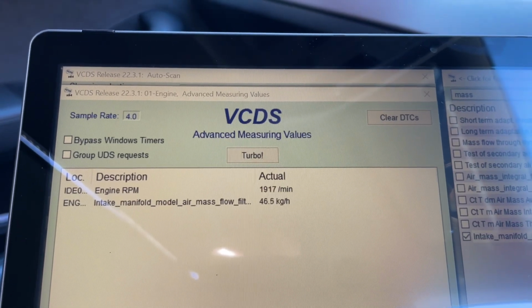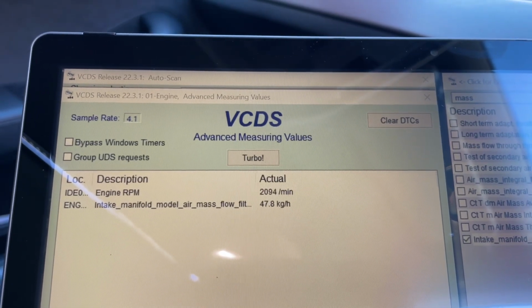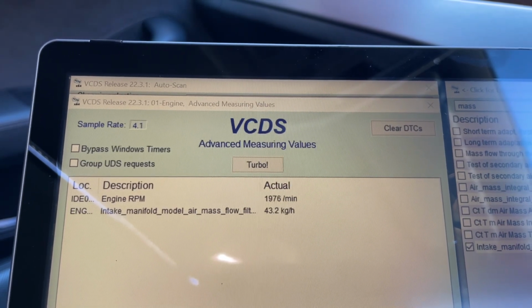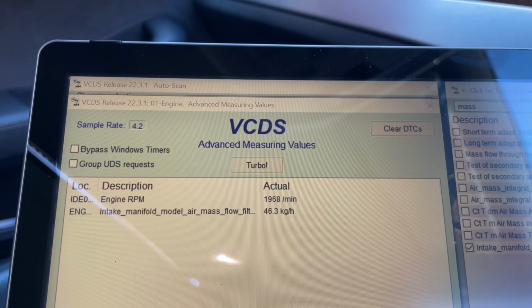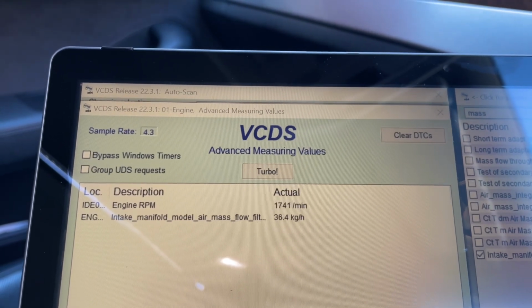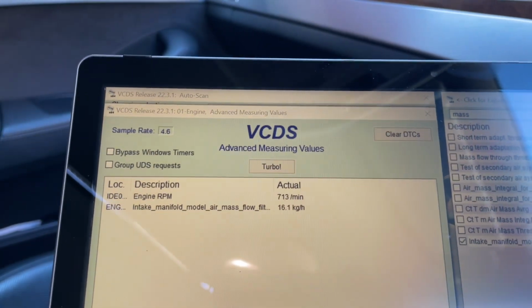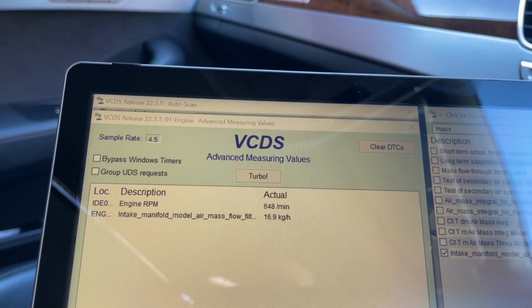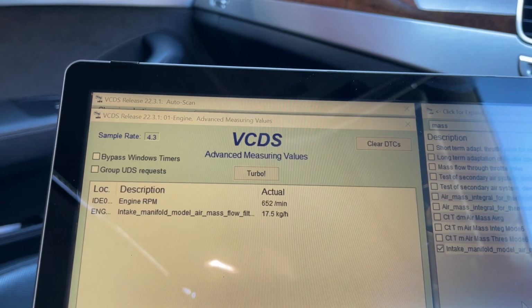Let me get up to almost 2000. And we got less than with the pipes connected. Let's change the air filters and have a look at how it looks with the filters.